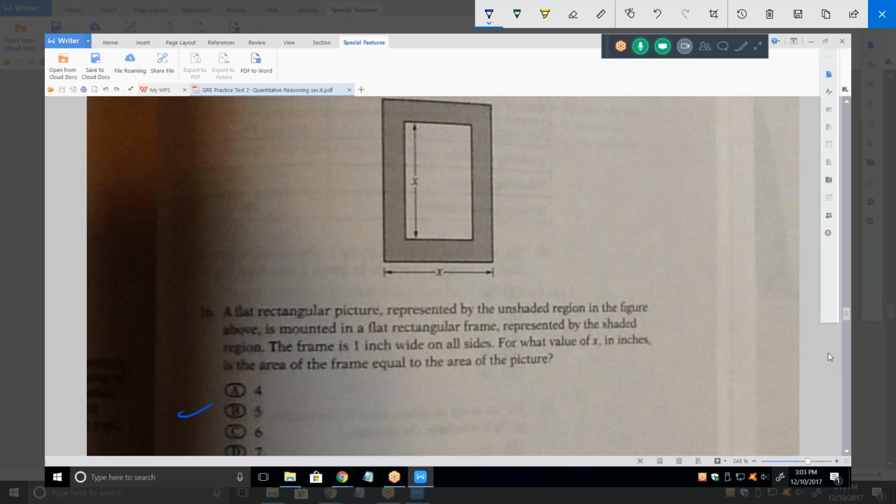We're going to back solve this instead of algebraically solve it. And you'll usually start with the second lowest. Does 5 work?